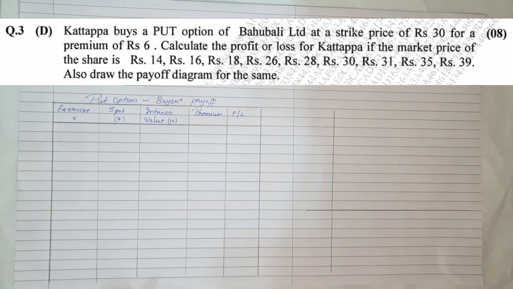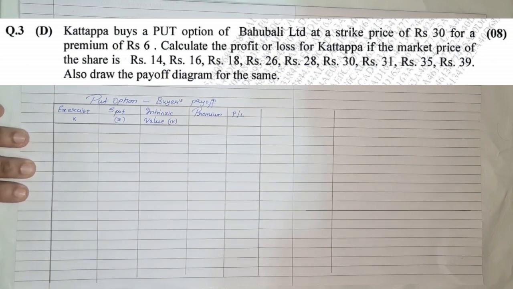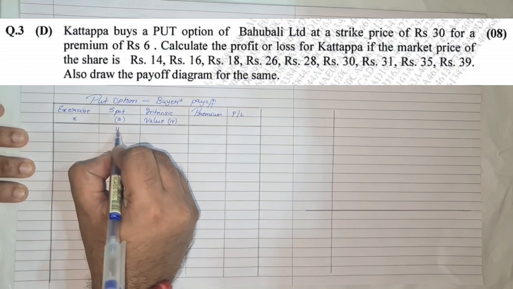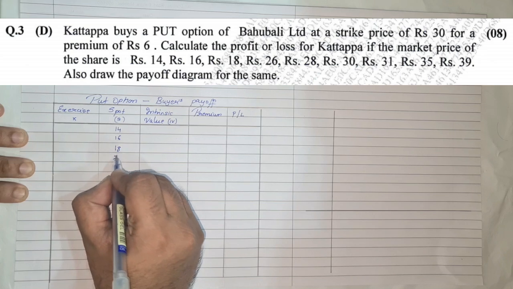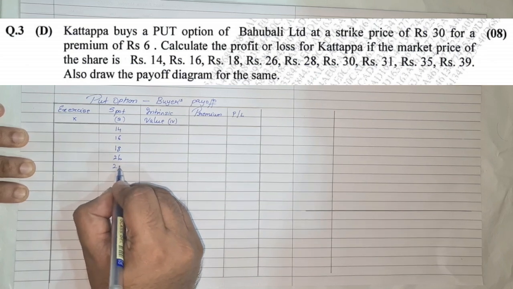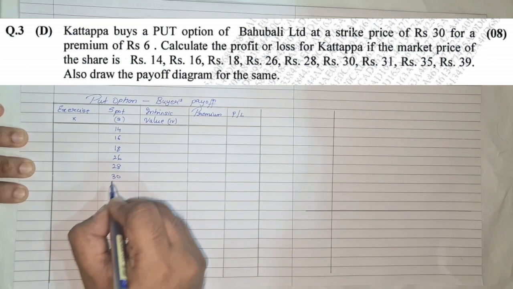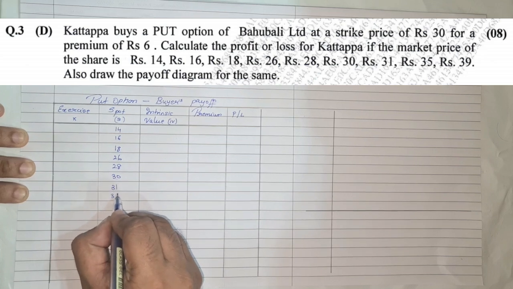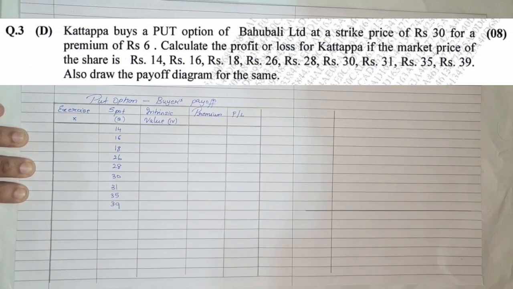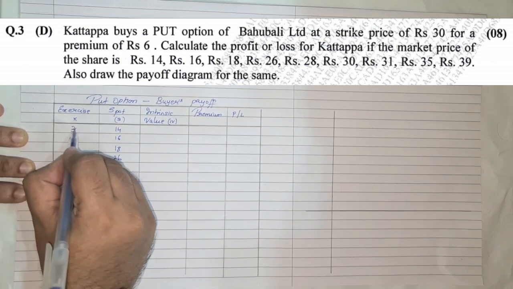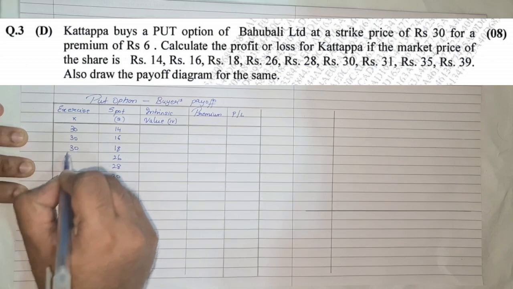As per the question, they have given us various spot prices, so we'll note those down first: 14, 16, 18, 26, 28, 30, 31, 35, 39, and the strike or exercise price they have given is 30. So we note down 30 in each and every row.